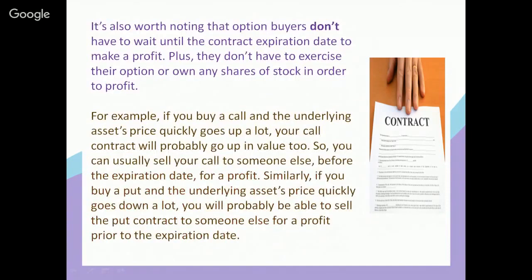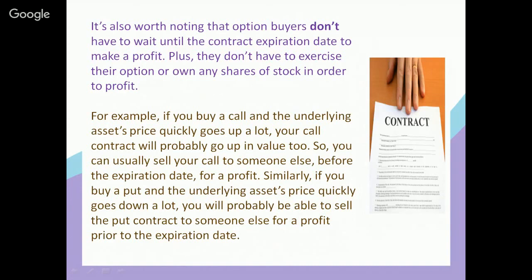It's also worth noting that option buyers don't have to wait until the contract expiration date to make a profit. I might have given you the false impression that in the example with the November 18 expiration, the call buyer would have to wait until November 18th to exercise their call option.